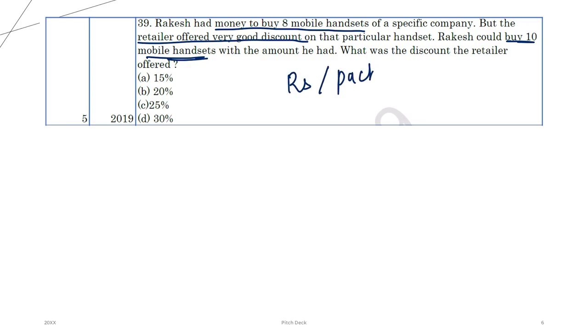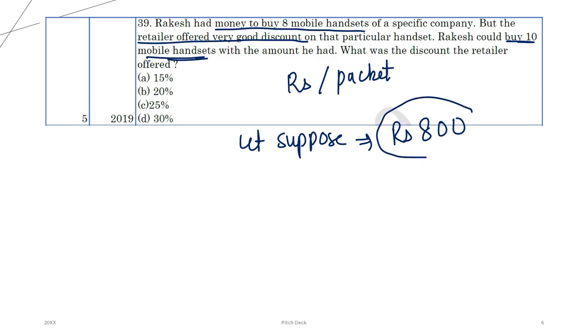So total money. Let's suppose I am taking the total money as 800 rupees. Why am I taking 800 rupees? I will show you. Suppose I took 800 rupees with me. When I reached the market, I was thinking that the number of mobiles I can get is 8, not 10, 8.